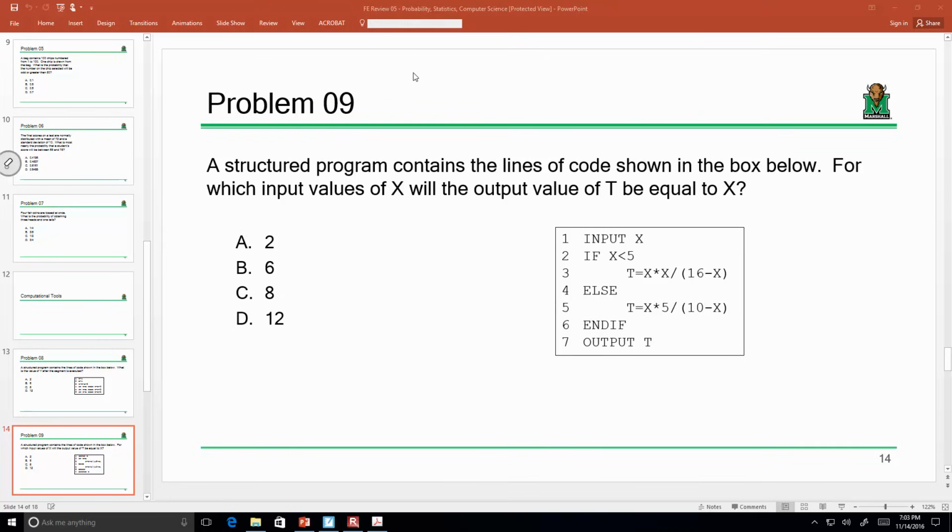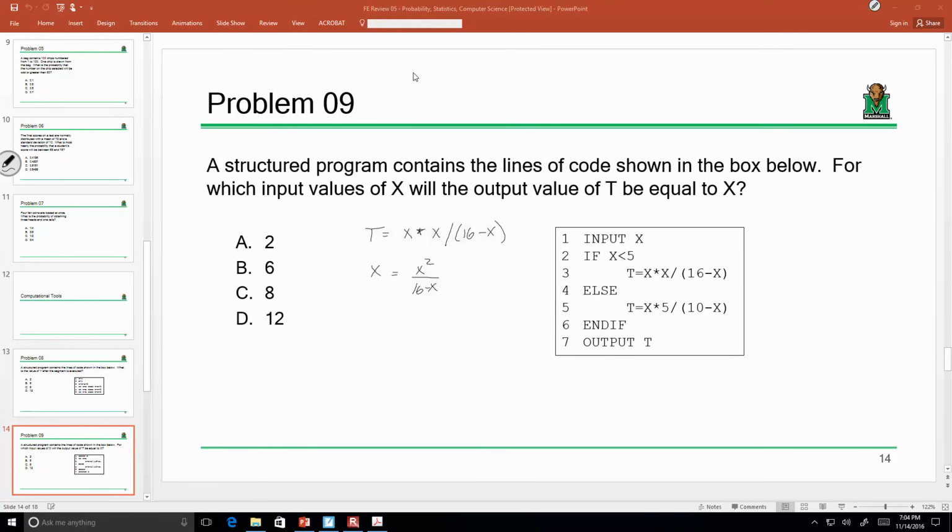Now, what I'm trying to do is figure out what values of x will generate the same value of t. So let's look at this first one. I want to set these equal to one another. I've got t equals x times x over 16 minus x. Why don't I just say t equals x squared over 16 minus x? Sound good? Now, I want this t to come out to be x. So now I just need to solve this equation.